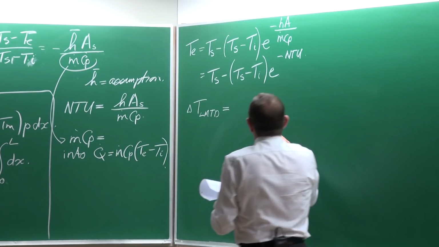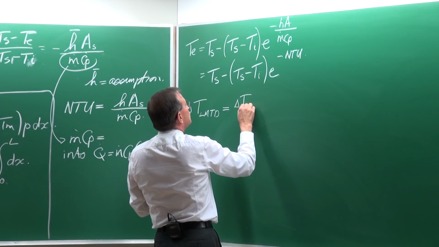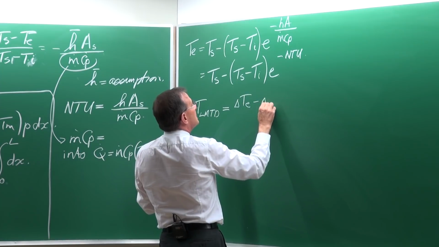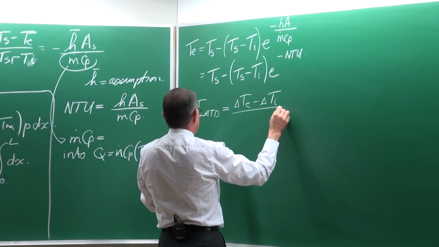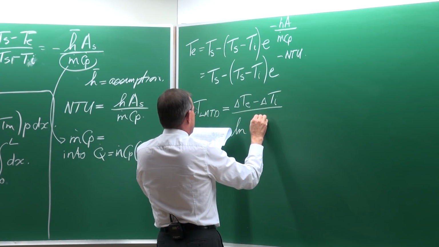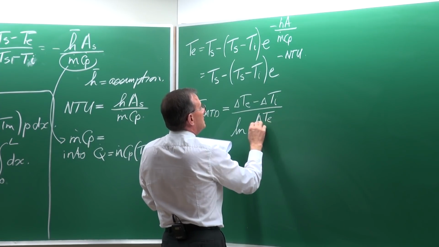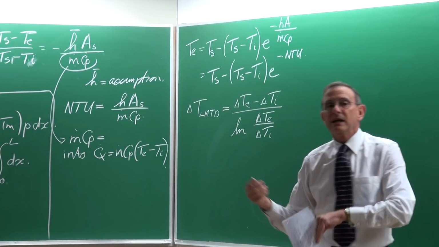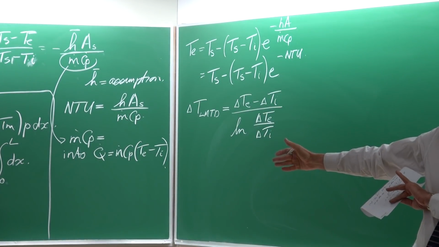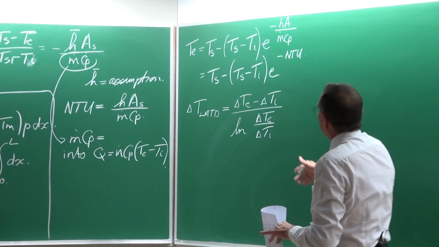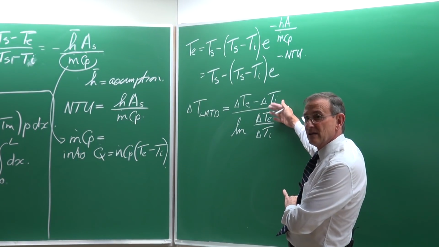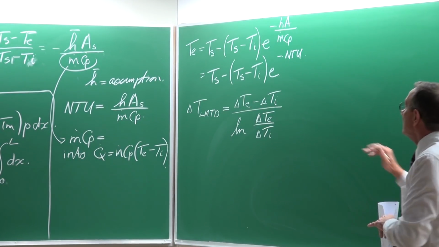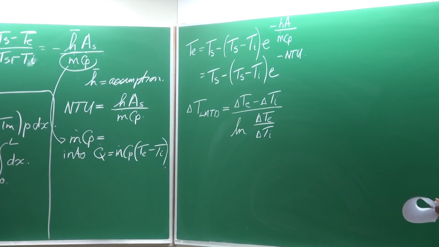That temperature difference is equal to the temperature difference at the outlet minus the temperature difference at the inlet divided by the ln of delta Te divided by delta Ti. It looks complicated, and in many cases it is written in your textbook so that it looks more complicated than this, but it's actually a very easy equation to apply and use, and I will show you later on.